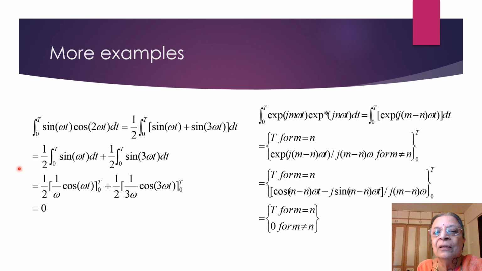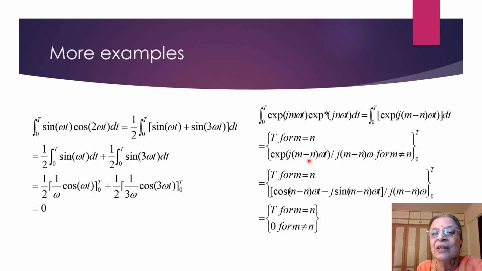Similarly, consider the exponential function, e raised to j m omega t and e raised to j n omega t star. When I write star, it is the complex conjugate, so it becomes e raised to minus j n omega t. So we have to integrate 0 to T e raised to j (m minus n) omega t. Now what is the integral of e raised to j (m minus n) omega t?